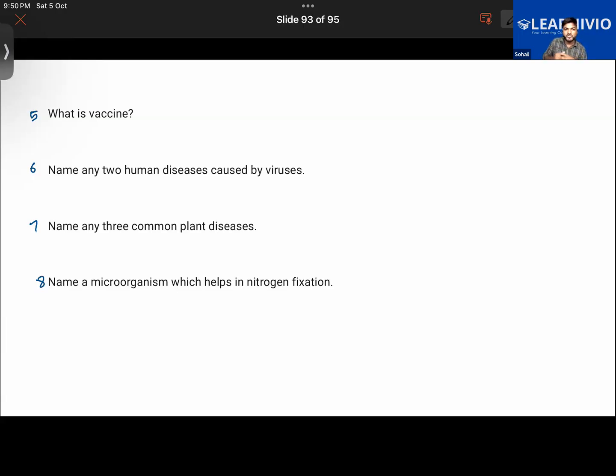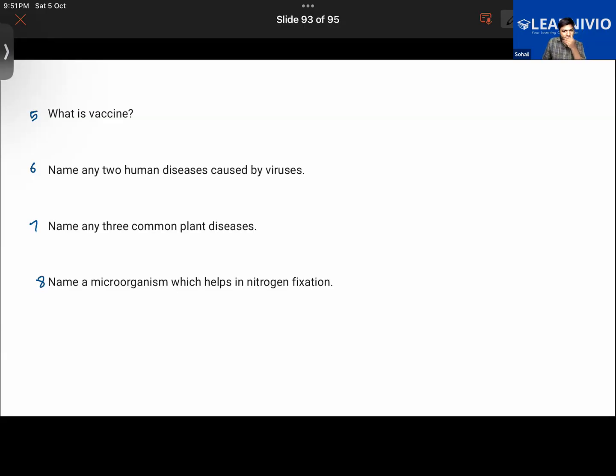So if you are exposed to the actual, stronger version of that germ again, your immune system can quickly recognize and destroy it. We have vaccines for flu, COVID-19, diphtheria, tetanus, etc.